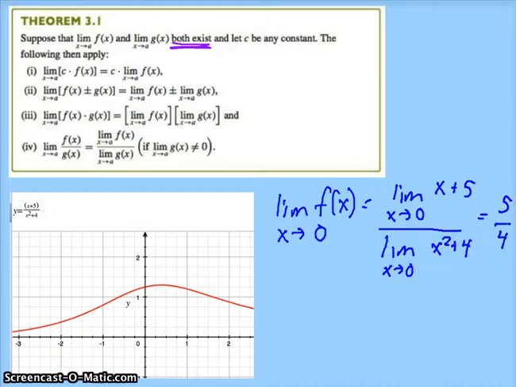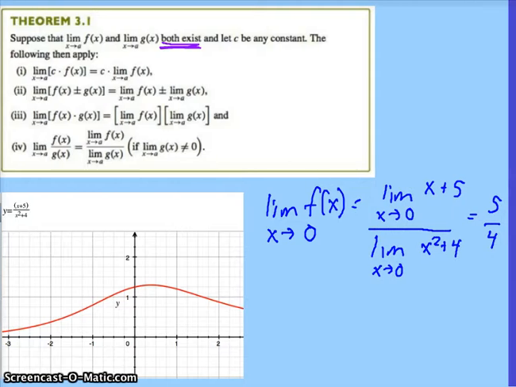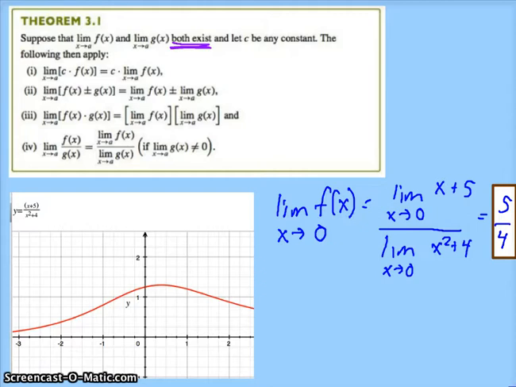It's 4. So if I'm looking at this, I can see that the limit of this function is 5/4, or 1.25, which I can see here. We will see where we will get some problems if the limit of our denominator exists, but it's 0. That cannot happen.